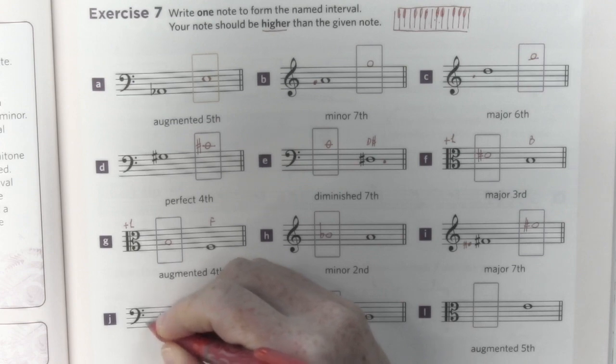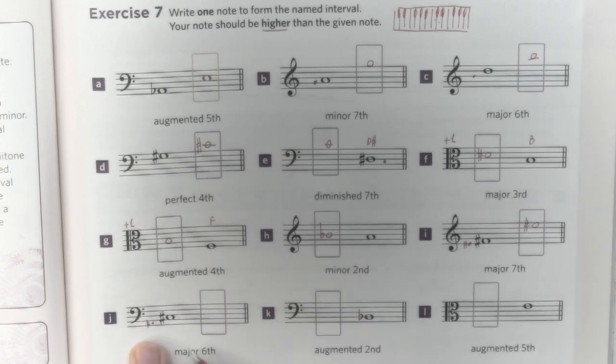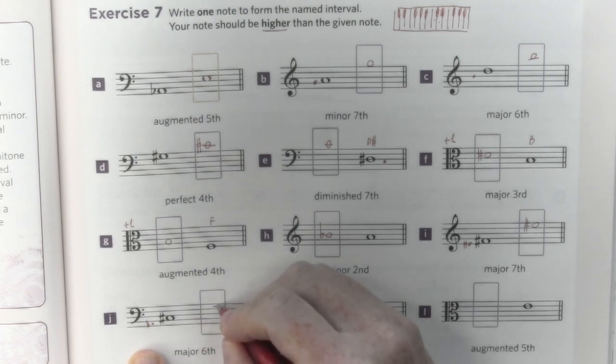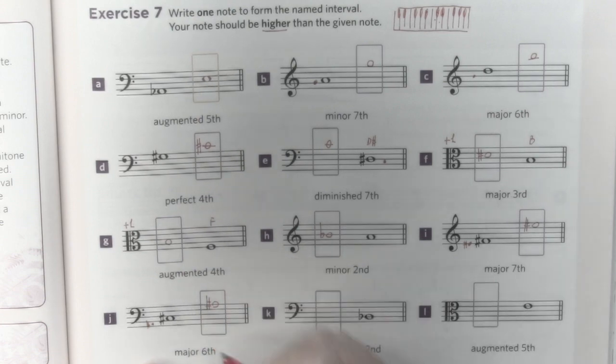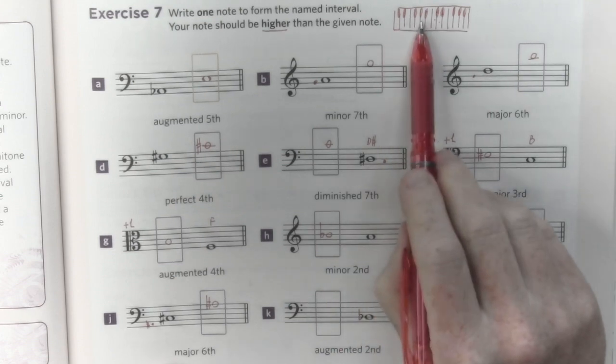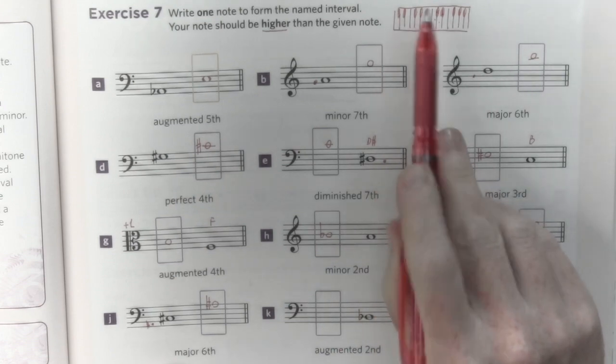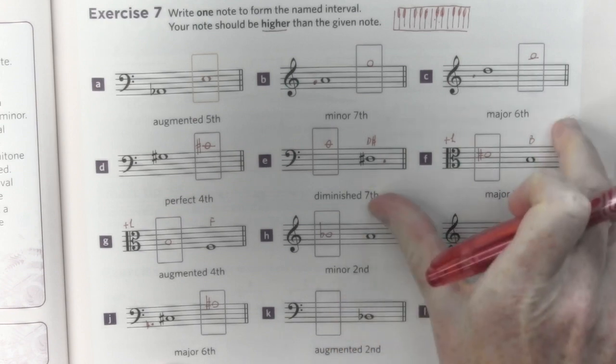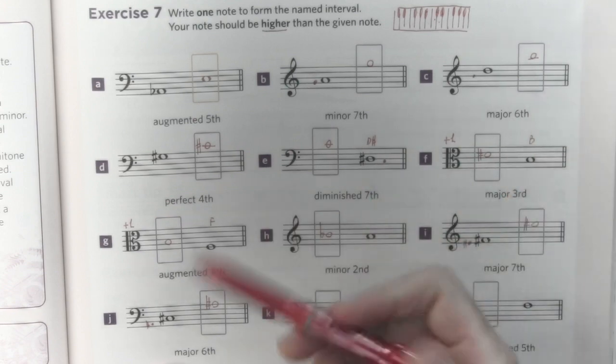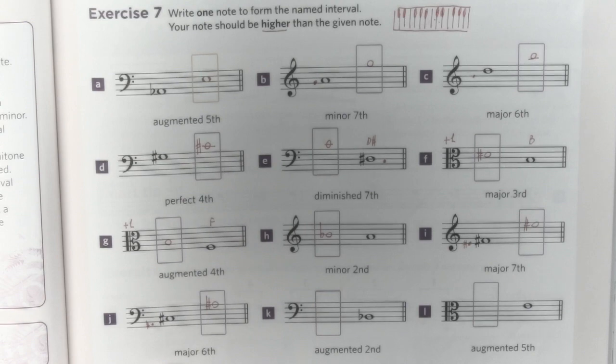So La sharp here. This is a minor third. If I flip it over and I write a La sharp here, this is a major sixth. And by the way, Do La is a major sixth, Do sharp, La sharp, I shift both the notes, and I create a major sixth again.